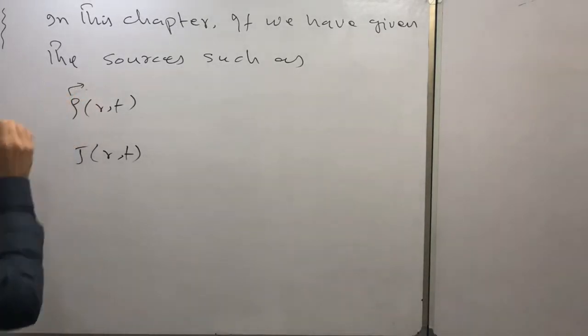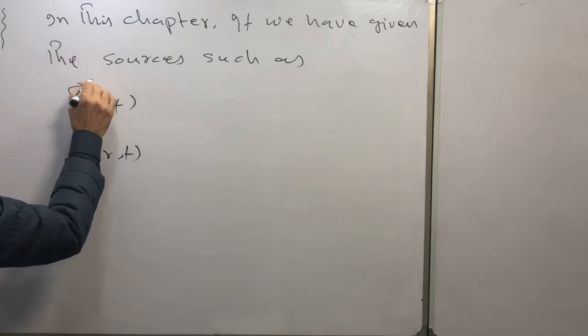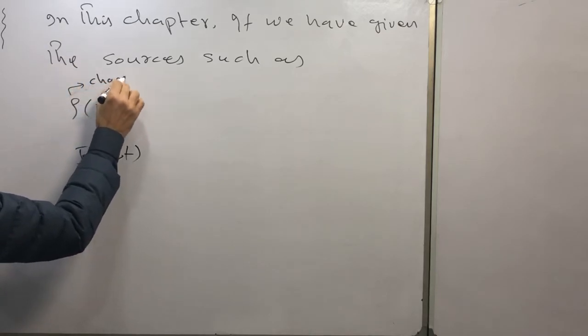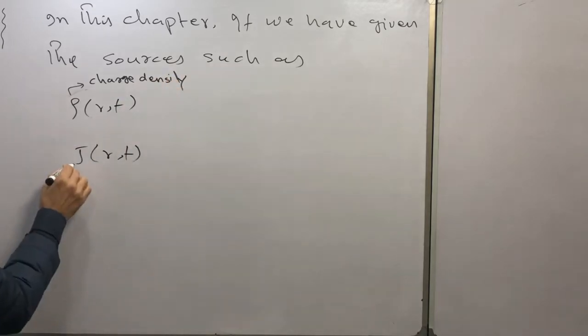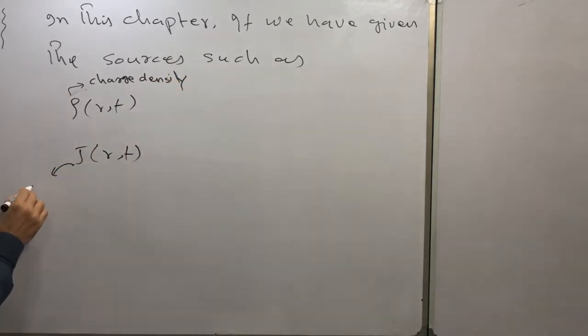This is known as the charge density, whereas this is known as the current density.